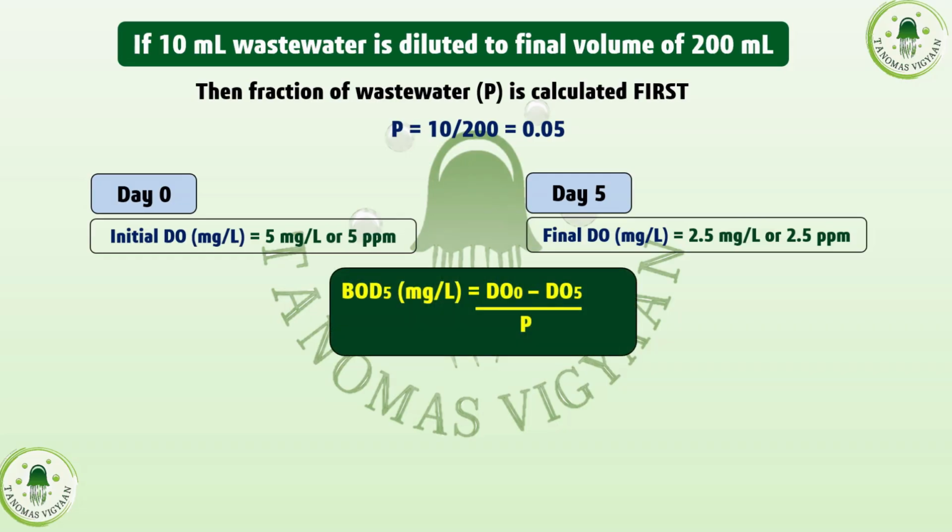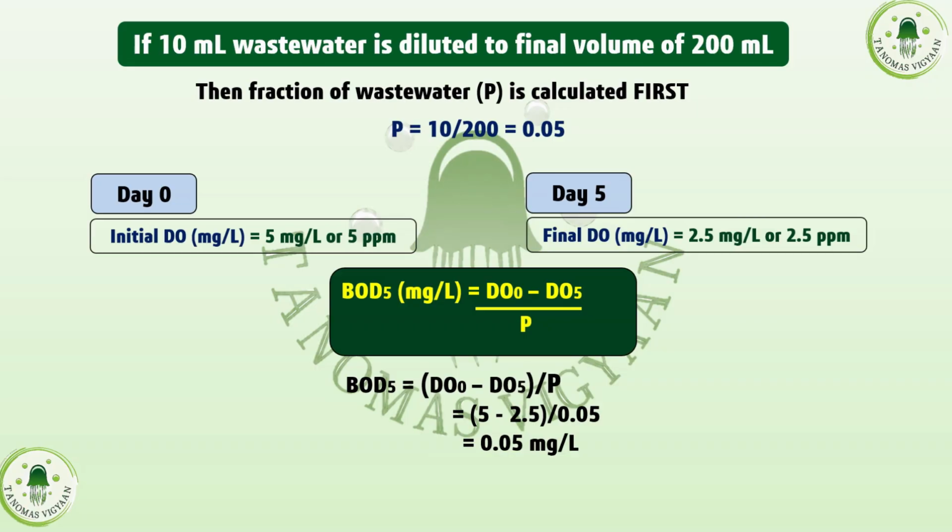Then your BOD will be DO0 minus DO5 divided by P. Whatever dilution fraction you get, you have to divide the BOD by that fraction. So DO0 minus DO5 divided by P gives 5 minus 2.5 divided by 0.05, as P is equal to 0.05. After calculation you will get BOD 5 equals 50 mg per liter.